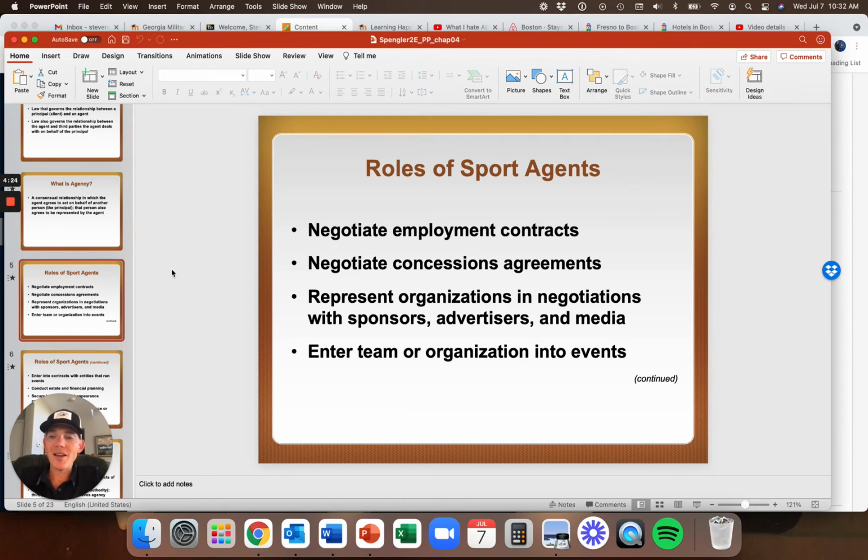A lot of times the athletic director oversees a lot of these things. So as a coach, you may not see it, but if you are an athletic director, then this is something you'll probably be dealing with in the physical education setting. If you're working with professional athletes, then you're probably more hands-on with these types of contracts and agreements.